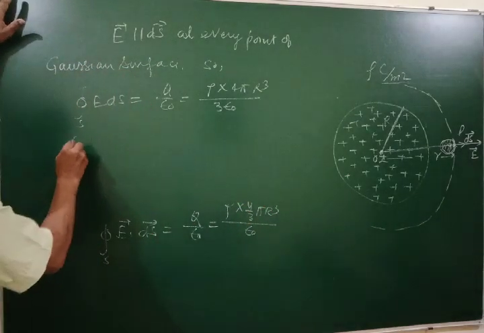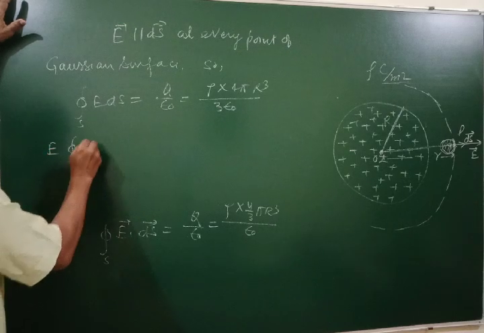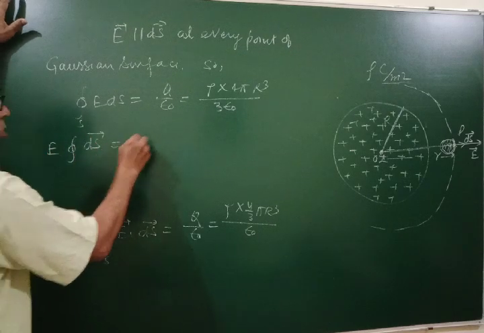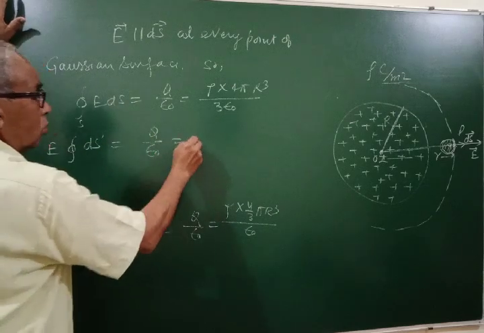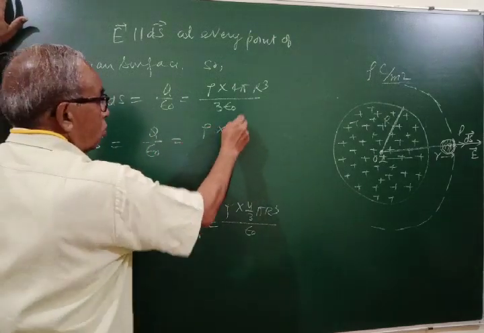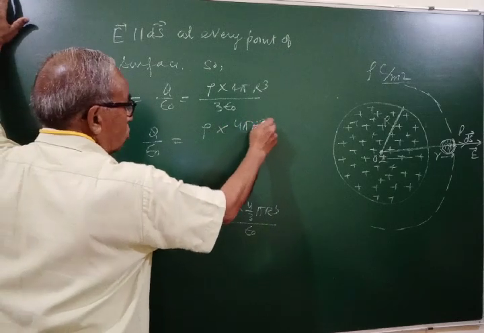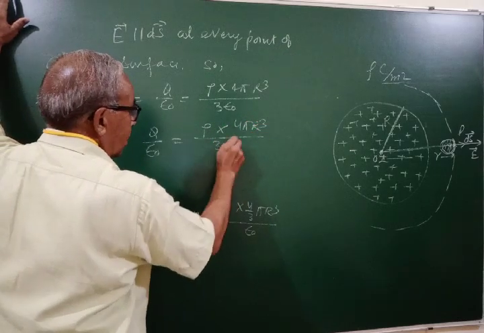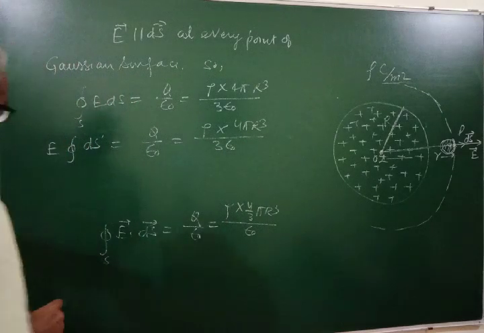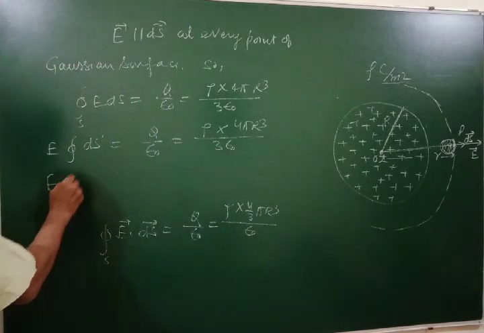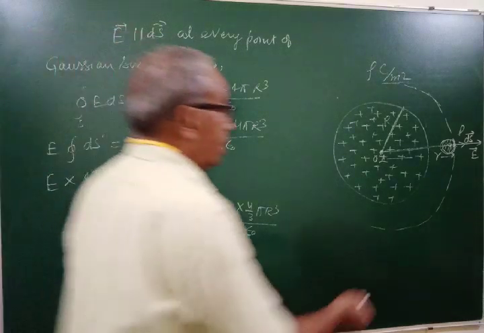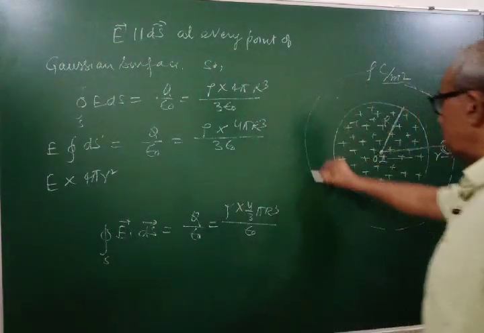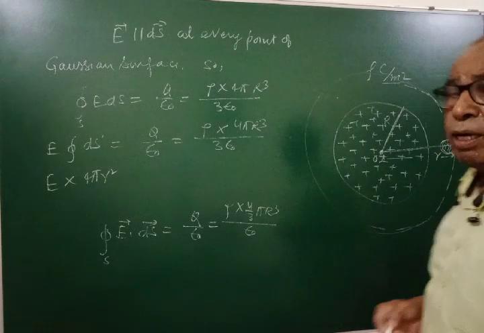So we can write this as E times integration ds is equal to Q upon epsilon 0, equal to rho into 4 pi R cube upon 3 epsilon 0, and it is E into 4 pi r square. What is this? Total surface area of this Gaussian surface, which is again a sphere.